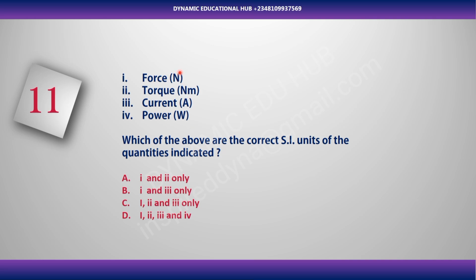This one is correct. Torque is just like moment. It is force times perpendicular distance, force times radius. Torque, Newton meter. Correct. What about current? The unit of current is ampere. Correct. Power is watt. Correct. So 1, 2, 3, 4 is the correct answer. We don't even need to read the options. Let's just go straight to D, 1, 2, 3, 4. Correct answer.